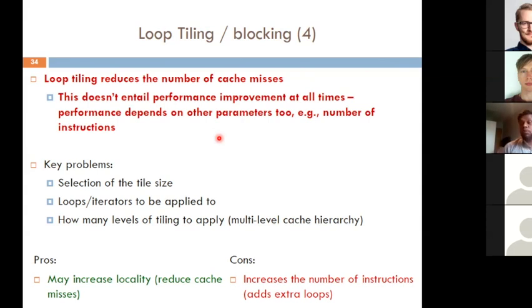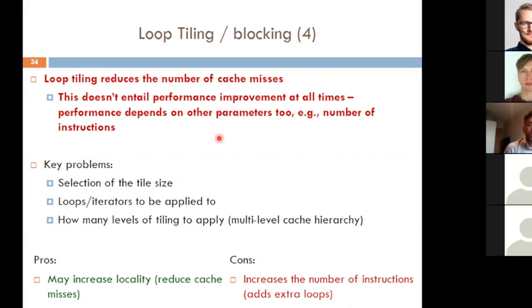If it is more blocks, then what's going to happen? Less blocks? That kind of calculation we need to do as well. How many loops and iterations we can use, we have to take into consideration as well. How many levels of tiles to apply? For example, the multi-level cache hierarchy, we have to keep in mind as well.